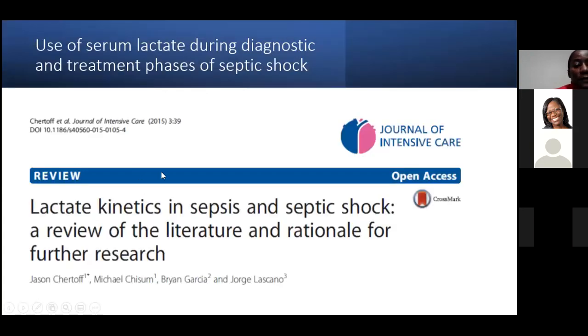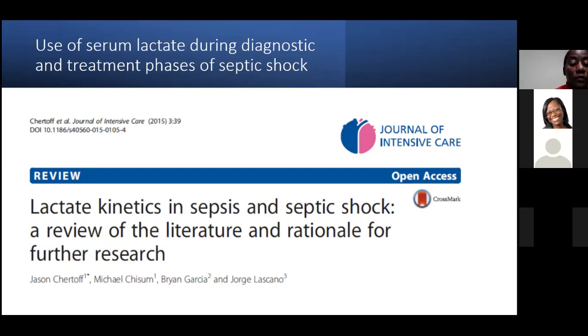So I thought I would touch a bit on the use of serum lactate for management of sepsis and septic shock. And this is a study that looked at what you call lactate kinetics. We know that lactate is a byproduct of anaerobic respiration, a byproduct of your pyruvate. So a lot of people would ask, why do we use lactate? Studies have shown that using absolute numbers is not very reliable for managing and monitoring patients with septic shock.